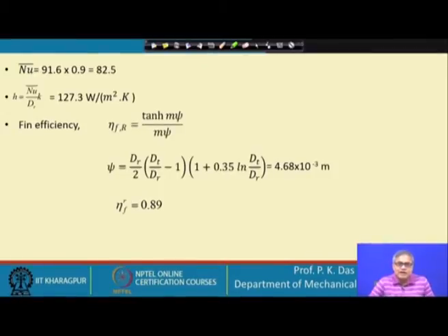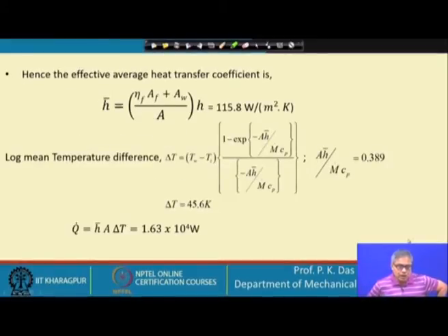So, here we are getting almost 90% fin efficiency, which is acceptable. Sometimes we even go for lower fin efficiency, and in some high end, high effectiveness heat exchangers, we have higher fin efficiency. So, with this we will move on.